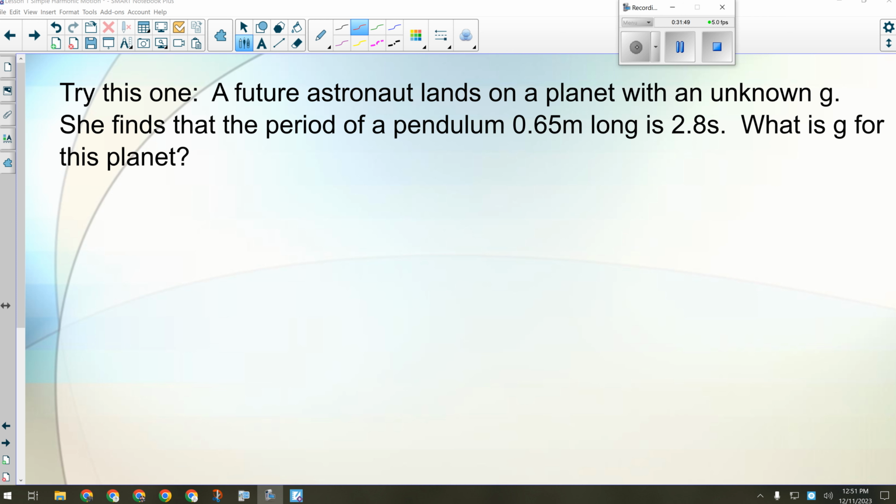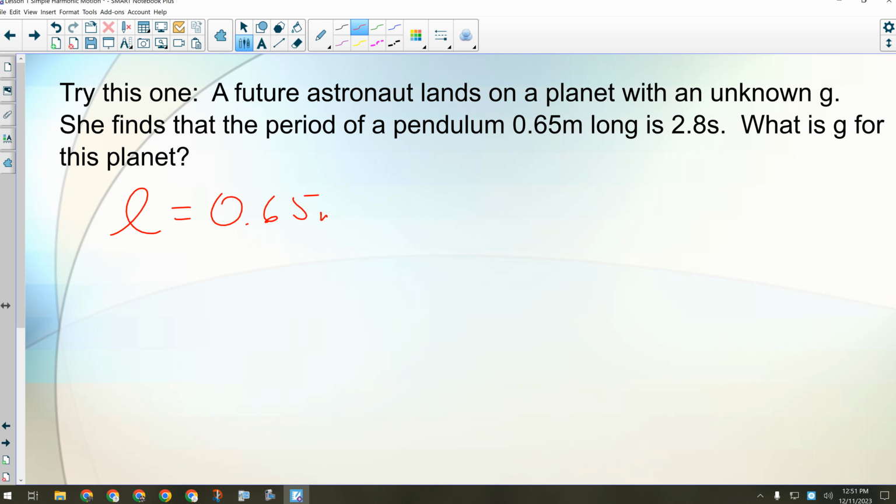All right, so on this one, we're told the length of the pendulum, 0.65 meters. The period of the pendulum is 2.8 seconds. We're looking for the acceleration due to gravity.